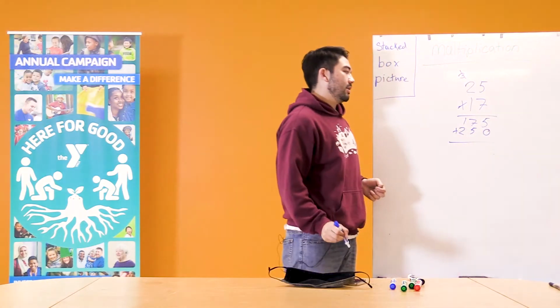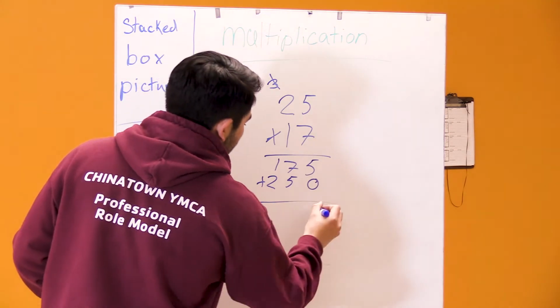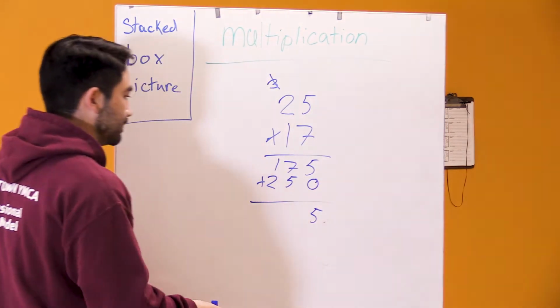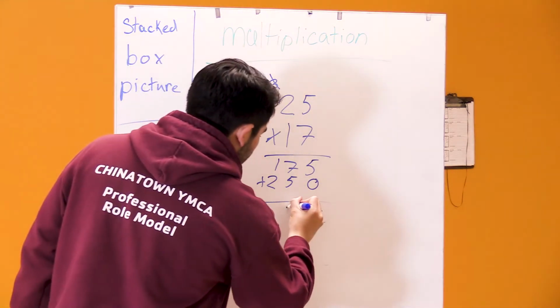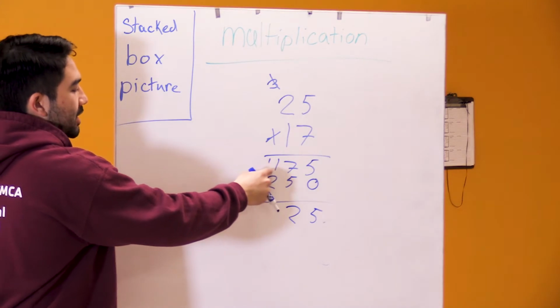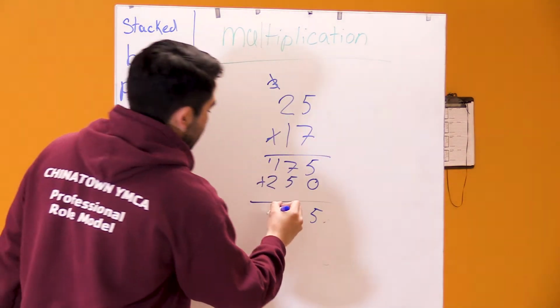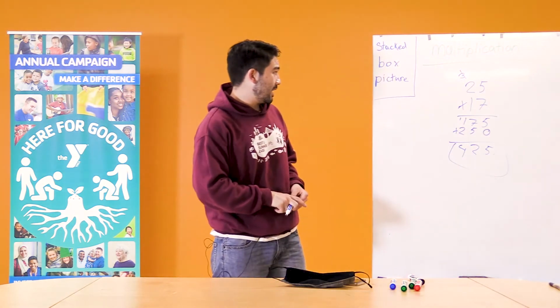And finally, we just need to add up our problem. 5 plus 0 is 5. 7 plus 5 is going to be 12. Carry the 1. 1 plus 1 is 2, plus 2 again is 4. Our answer is going to be 425.